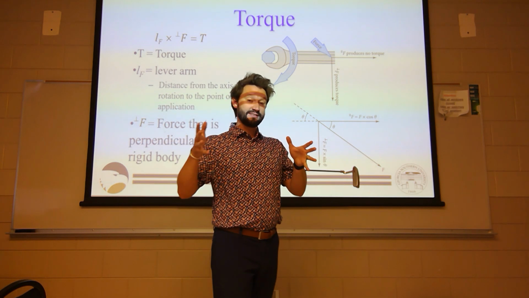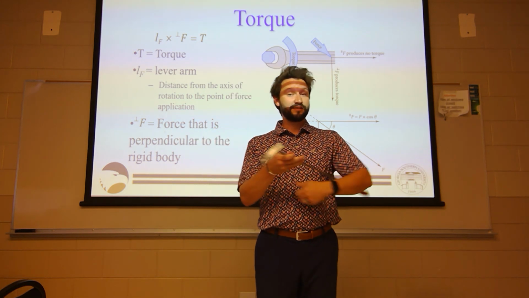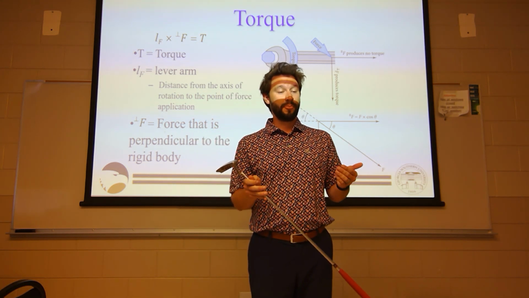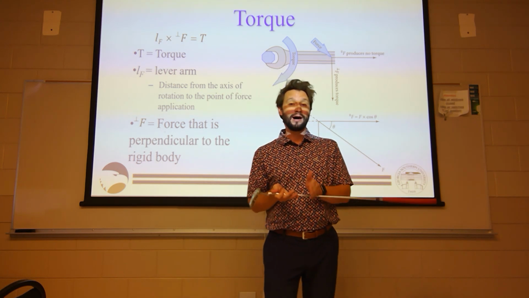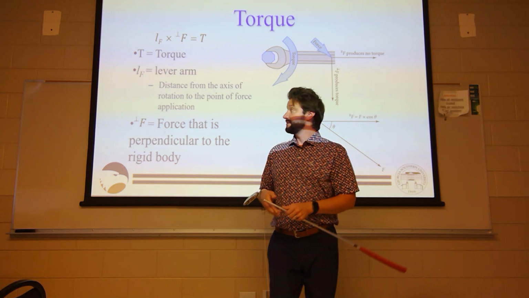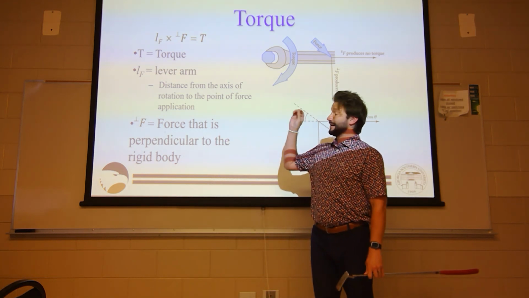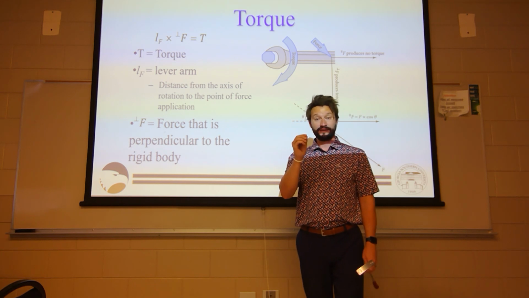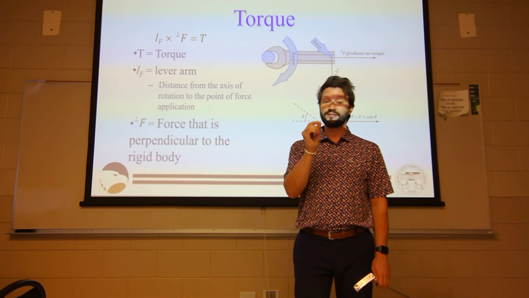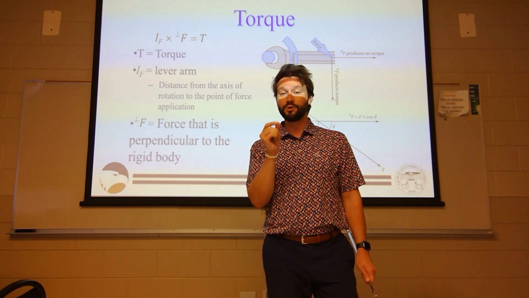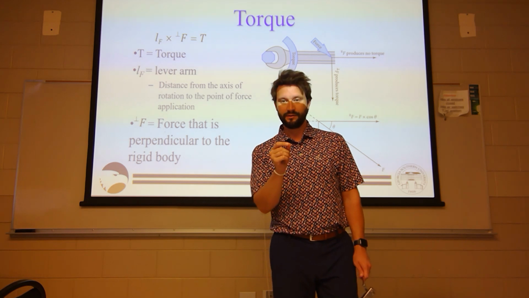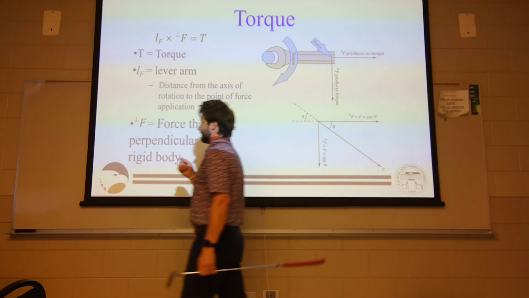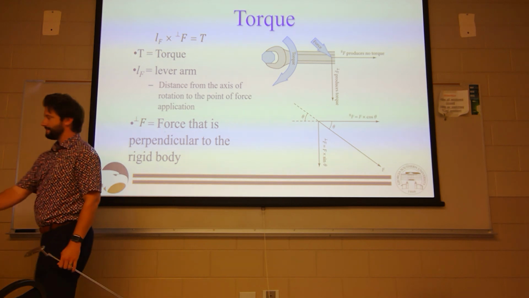It is the distance from the axis of rotation of an object to where the force is applied on the object. So a lever arm, again, is the distance from the axis of rotation to where the force is applied on the object. Now, let's talk about a couple of examples of that.